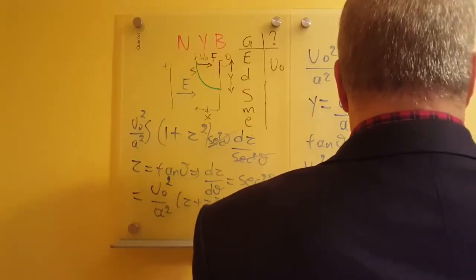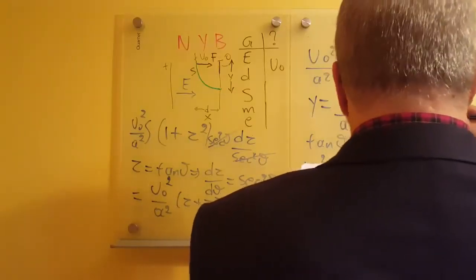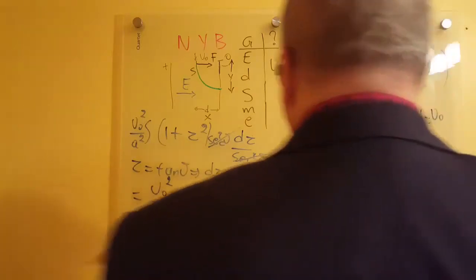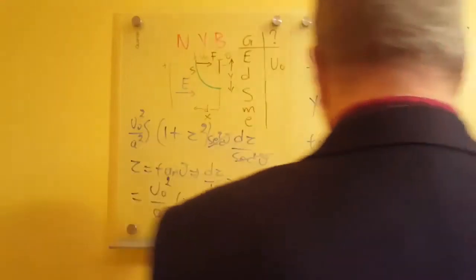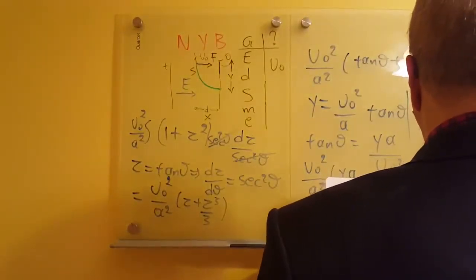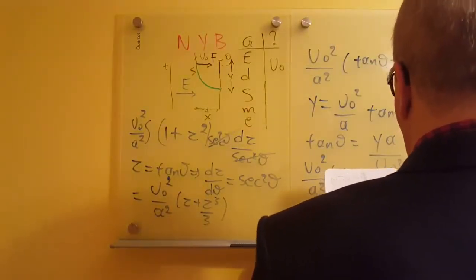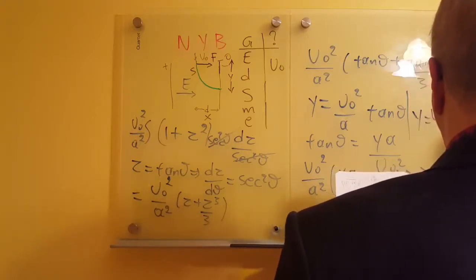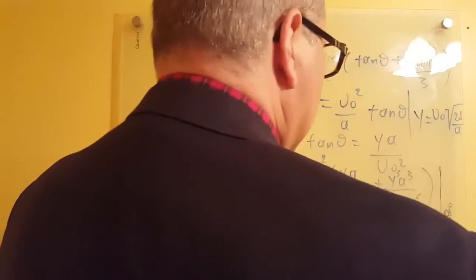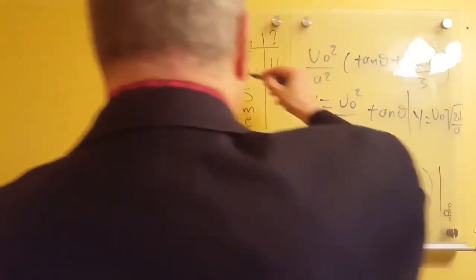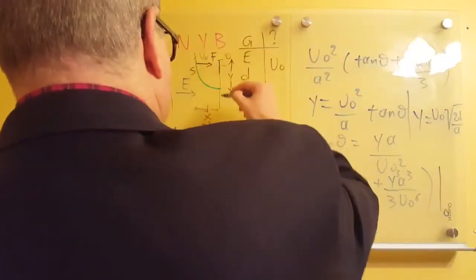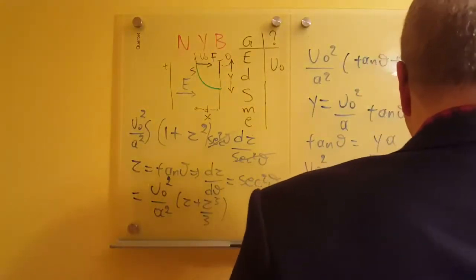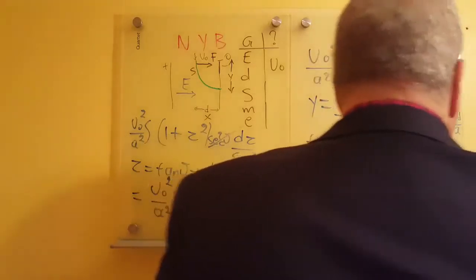The y was v0 times square root of 2d over a. If we assume that this is 0 and this is the negative direction, this value here, let's call it y1.